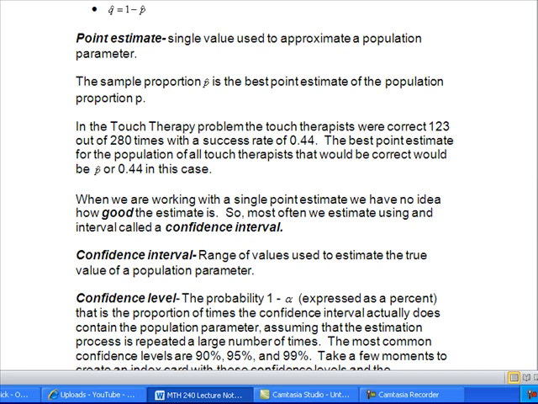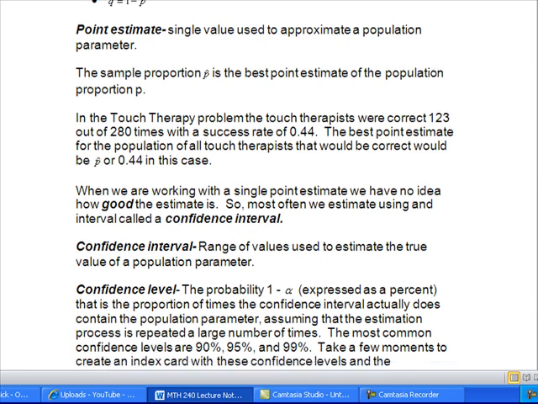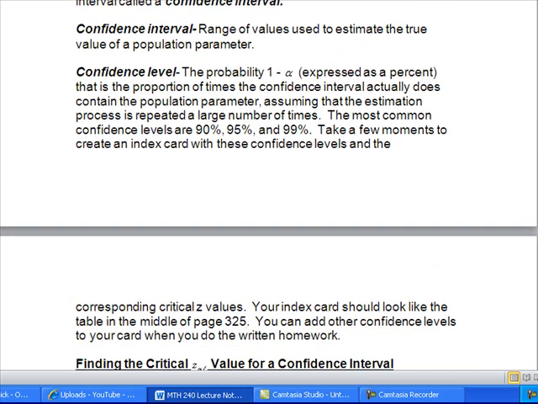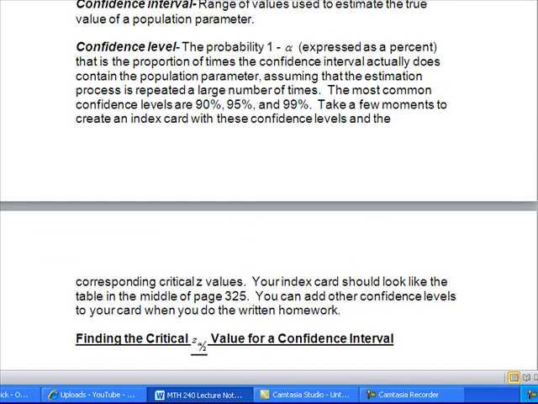So in working with this, we have some values we need to talk about, some vocabulary, and then actually numbers. For example, the first one is the confidence level. The probability 1 minus alpha, expressed as a percent, that is the proportion of times the confidence interval actually does contain the population parameter, assuming that the estimation process is repeated a large number of times.